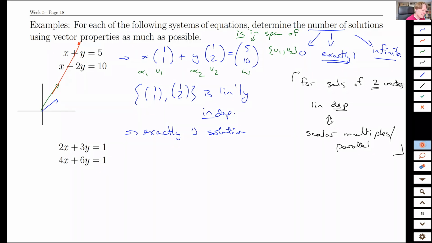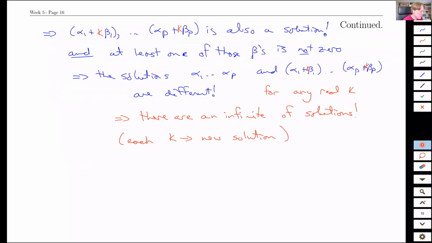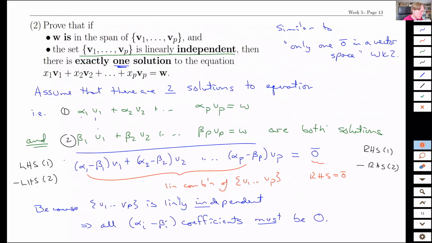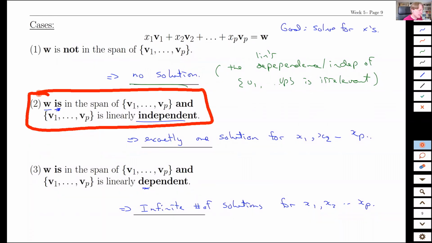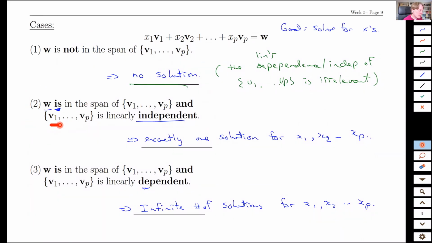So there is a solution, but because these vectors are linearly independent, we're going down this stack here of exactly 1. Just going back, if you need to have this page in front of you, we just broke down into this case here. W was in the span of my vectors, and that set of vectors was linearly independent, so we have exactly 1 solution. That's the 2 pieces of ifs leading us to a then.